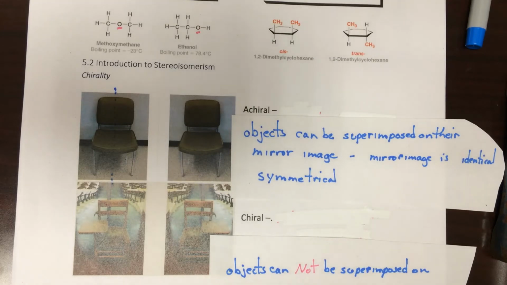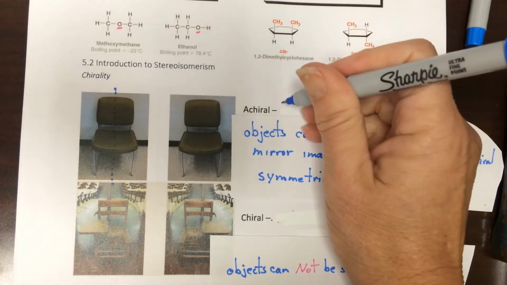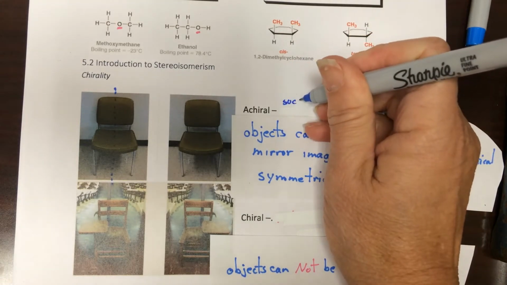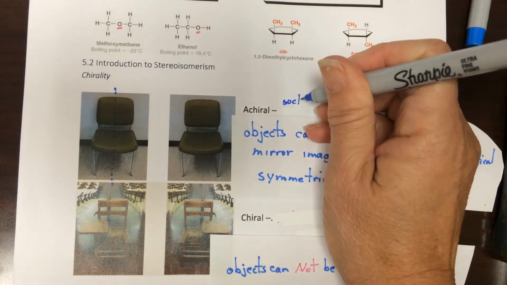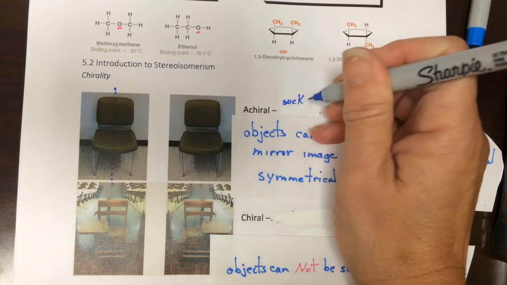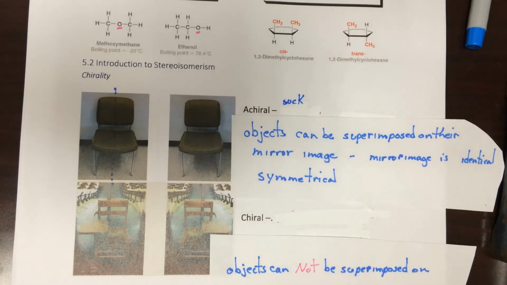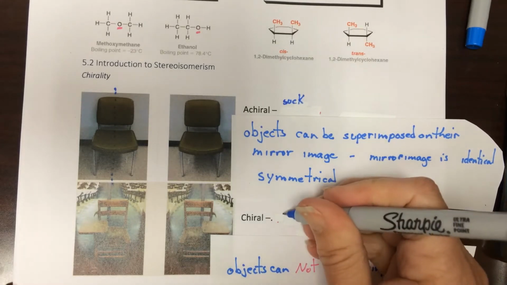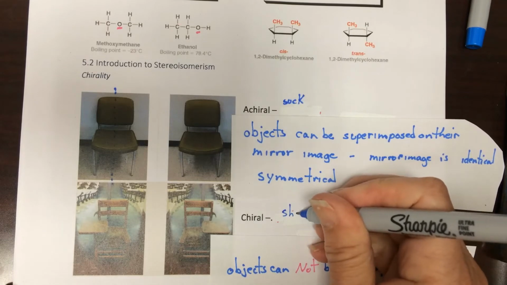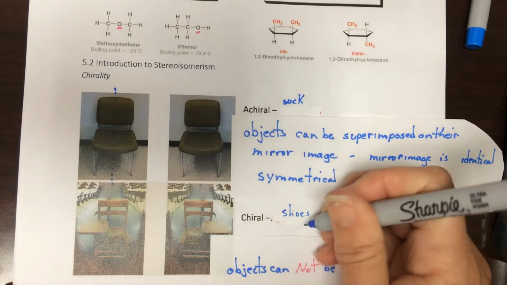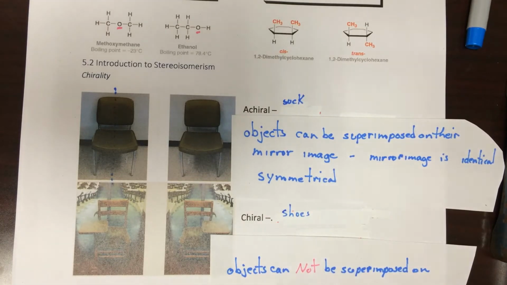An example of something that's achiral would be socks. It does not matter whether you put your left sock on your right foot or your right sock on your left foot. They're the same. But your shoes are chiral. You can't put your left shoe on your right foot and be comfortable. Hands are chiral.